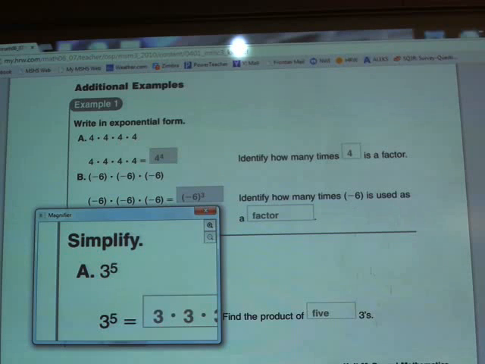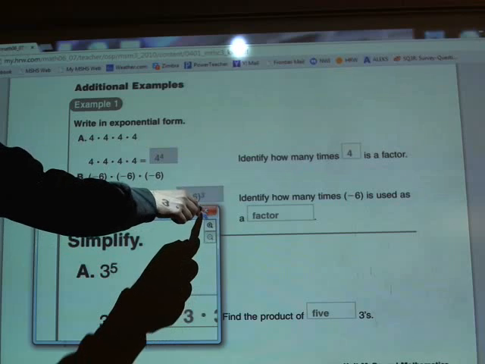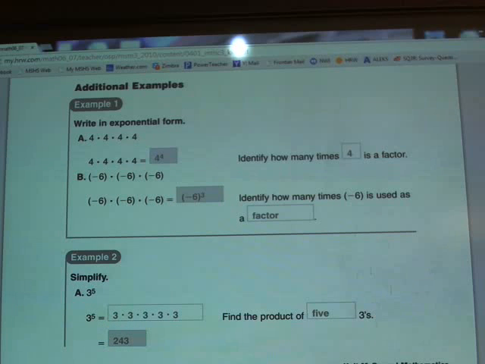So in example 1, they actually go the opposite direction. They ask us to start by writing in exponential form, and they've given us 4 times 4 times 4 times 4. We have to see two things: the number that we're multiplying together and how many times it's in that question, because those are the two components that help us write our power. 4 is the number being multiplied over and over again, so 4 is the base.